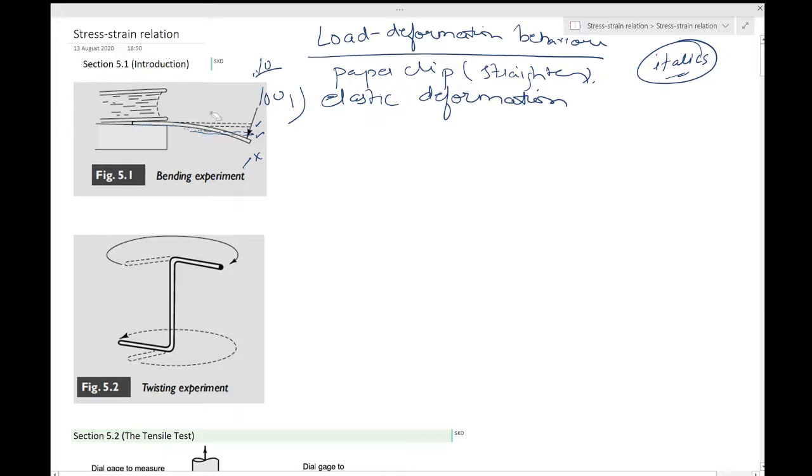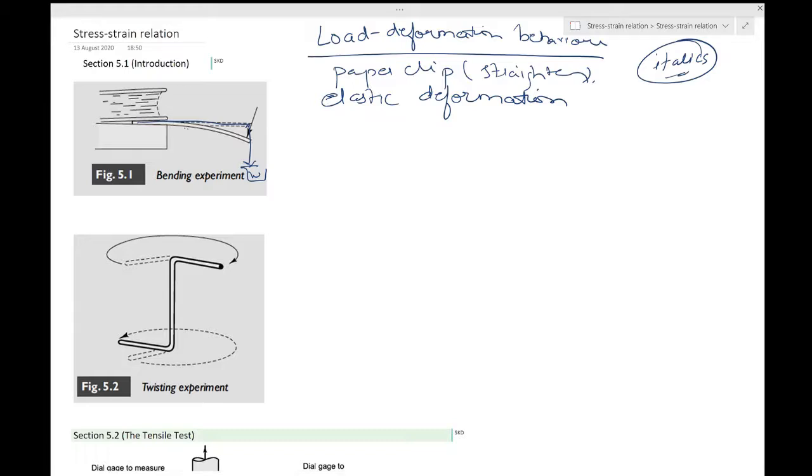Now hang on the end of the wire a fixed load large enough to cause a permanent bending, and note that the amount of deformation does not increase with time. So this is what you must do. On this originally straight wire, hang a weight. Maybe you can get hold of a string and some slightly heavier thing around you, such that when it changes its shape after you apply this load, maybe it will become like this. Now what you will see is that the weight keeps on hanging, but the deformation does not increase.